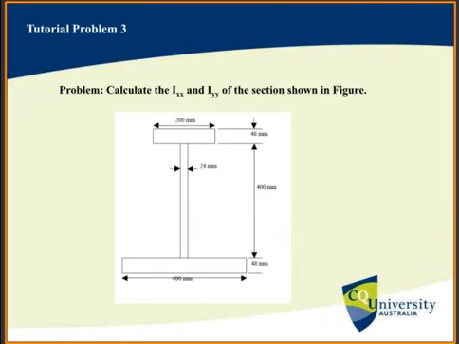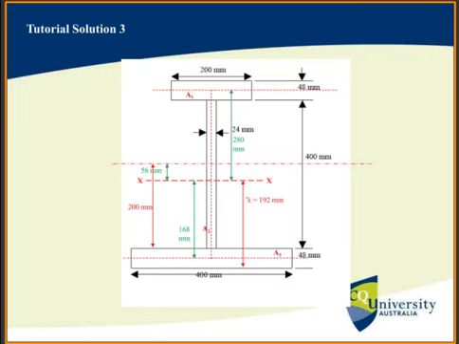This problem is a bit tricky. We need to calculate here the Ixx and Iyy of the section. In this section, we can just assume that this area is A1, the vertical part is called A2, and the base part is called A3.